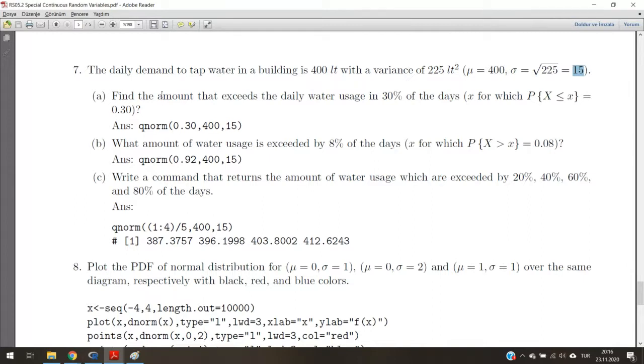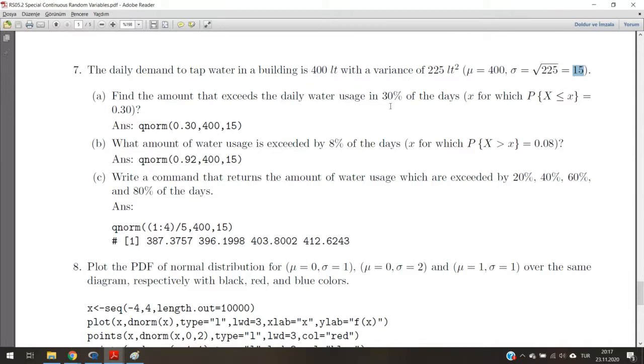So your parameters are, location parameter is 400 and the scale parameter is 15. It says, find the amount that exceeds the daily water usage in 30% of the days. So every day, people are using different amounts of water, but that distribution is normal with location parameter 400 and scale parameter 15.